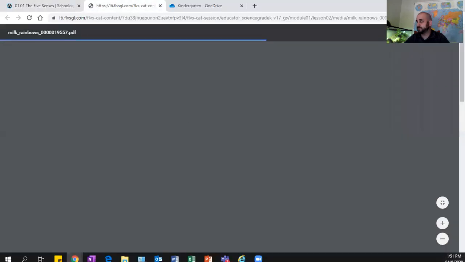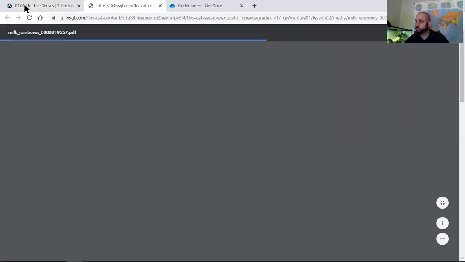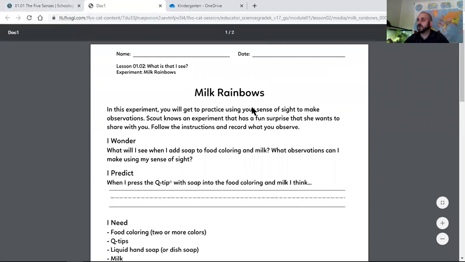Let's have a look. In this experiment, you will get to practice using your sense of sight to make observations. Yes, the soap and food coloring and milk.